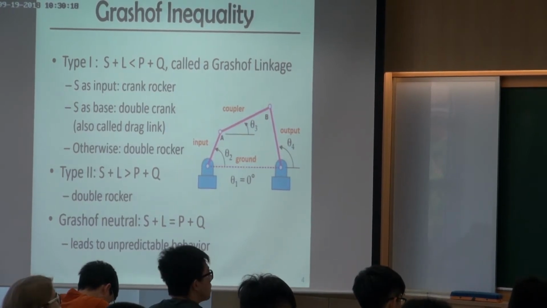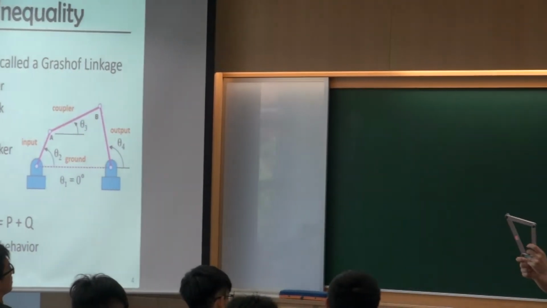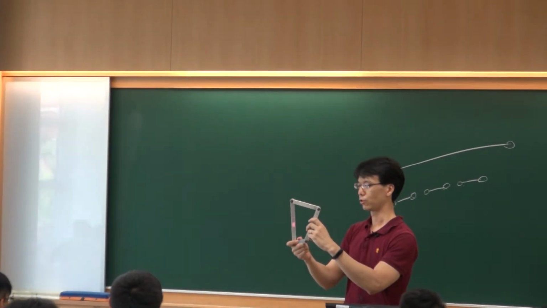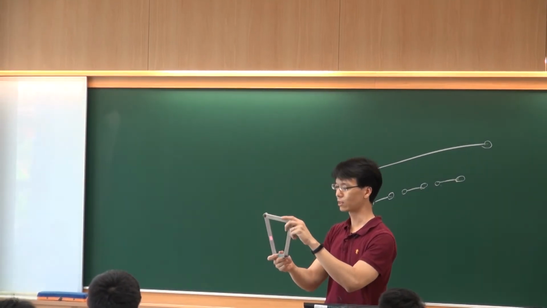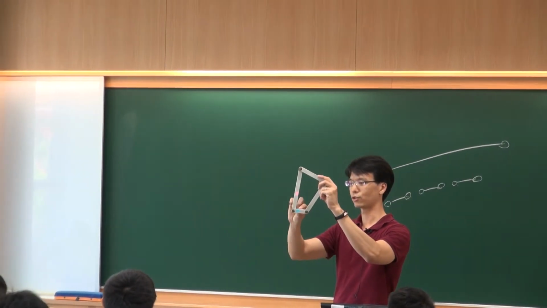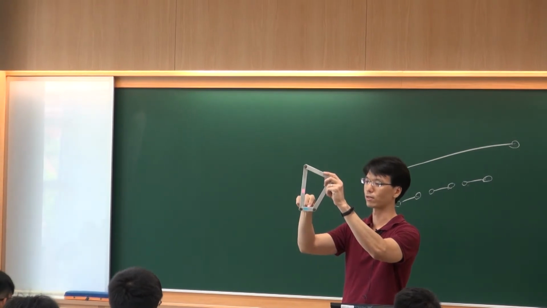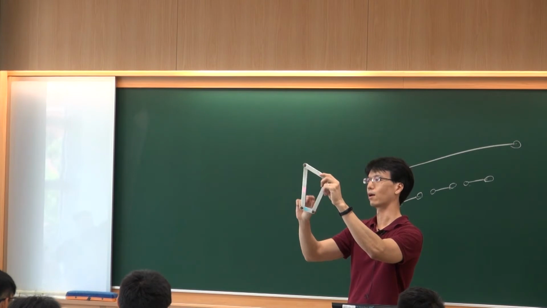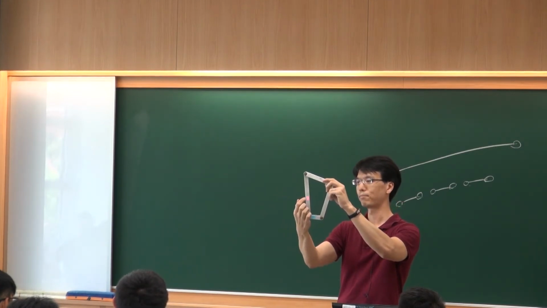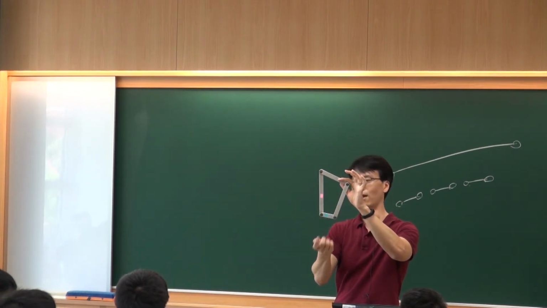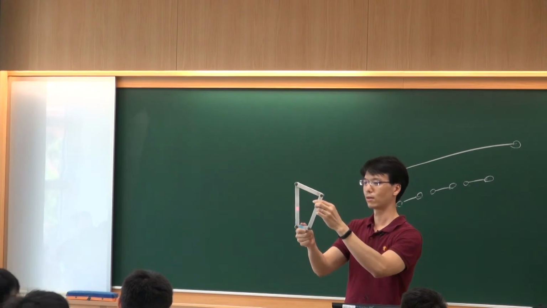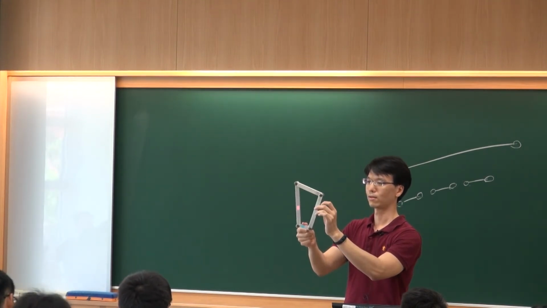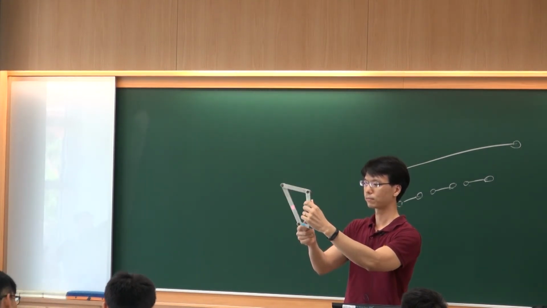And we can also fix other links to generate another mechanism. This time I fix the shortest bar, I use this one as a base. So this one is grounded, it's not moving. And I can use either the pink one or this other one as a driver. I just use the one I'm holding as a driver.